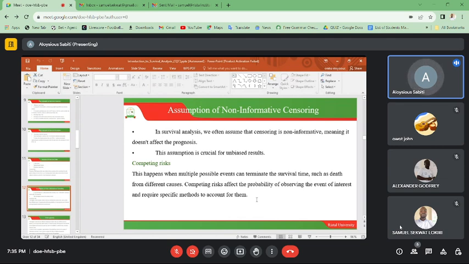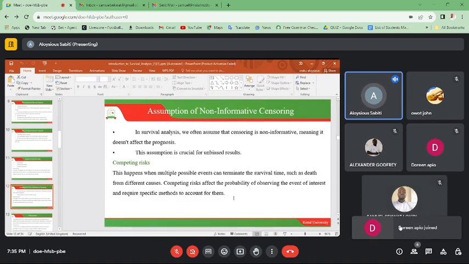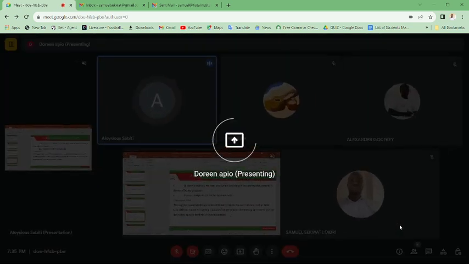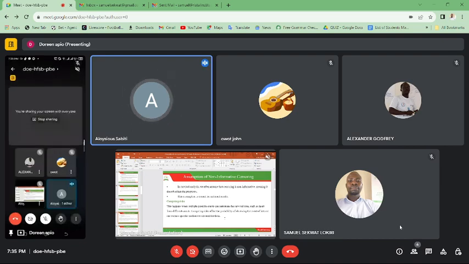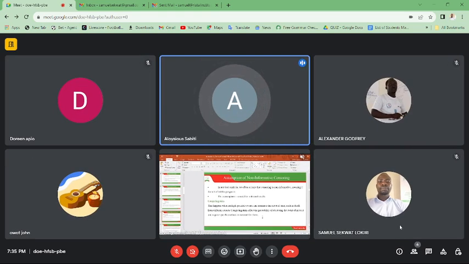So here, for example, if you wanted to understand the survival time of a diabetic patient, you might realize that because diabetes could come with underlying conditions such as high blood pressure, that becomes a competing risk. And therefore, an individual might be affected by the competing risk of high blood pressure, and yet you were subjecting the same individual to the possibility of dying as a result of diabetes.